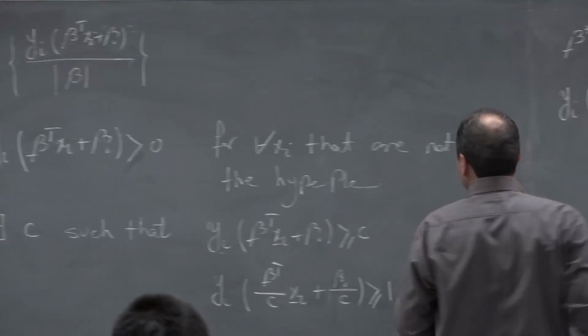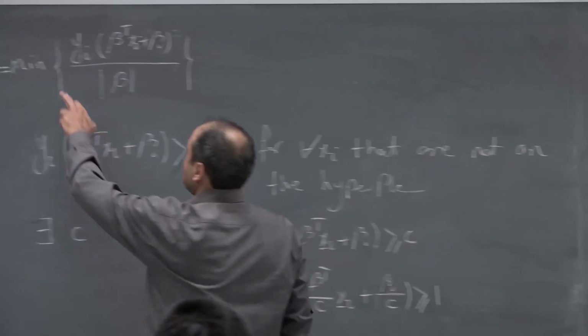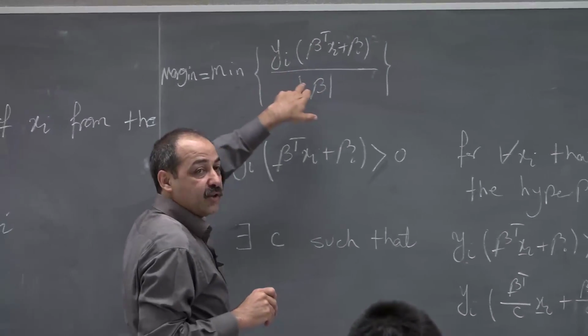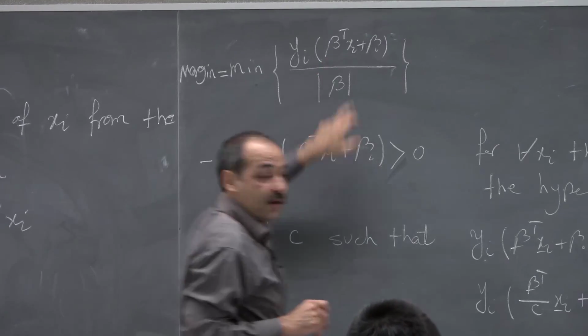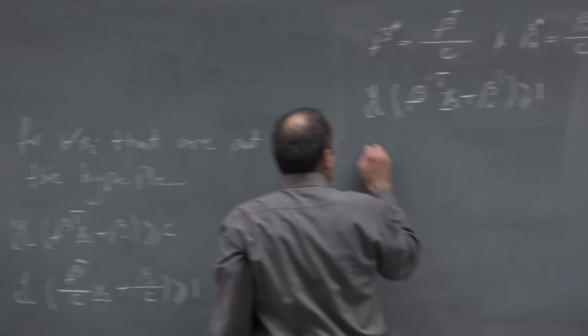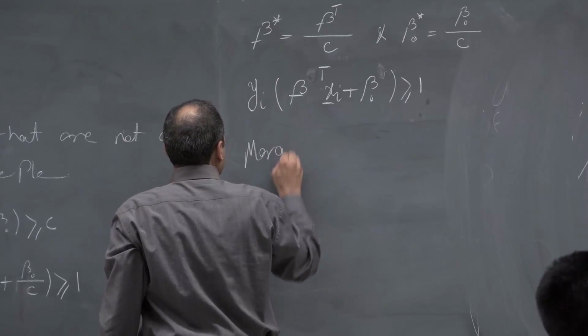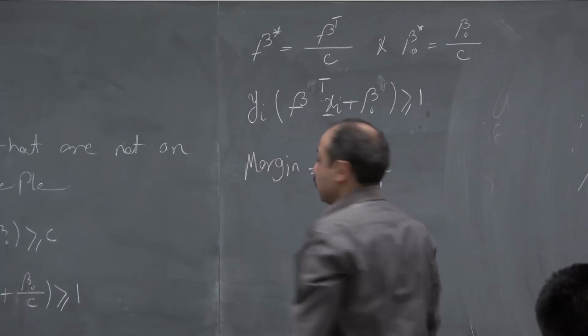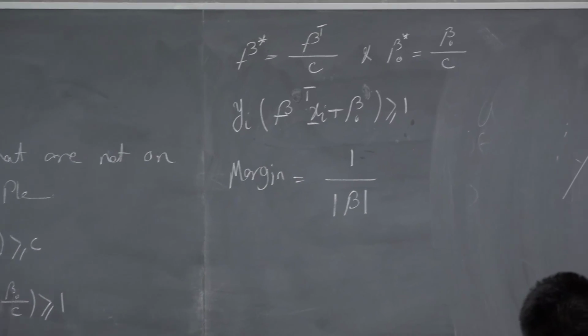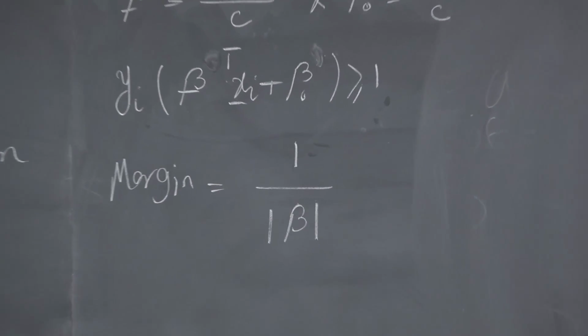So it means that my margin, which was the minimum of this fraction, I can literally put 1 here. So I can say that my margin is 1 over the norm of beta, for some beta.